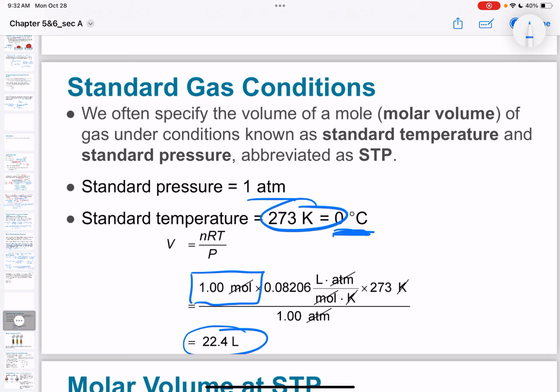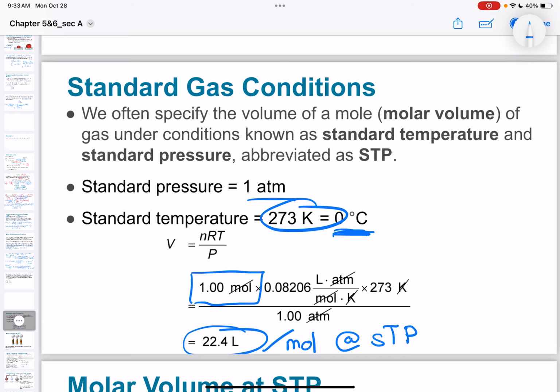It's not so interesting really, but why is it so useful? It's because we can utilize the fact that it's 22.4 liters per mole of gas as, you guessed it, a conversion factor. So this is only applicable if we're at standard temperature and pressure conditions. It's really just a shortcut.